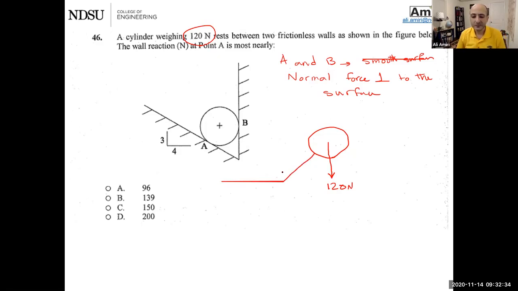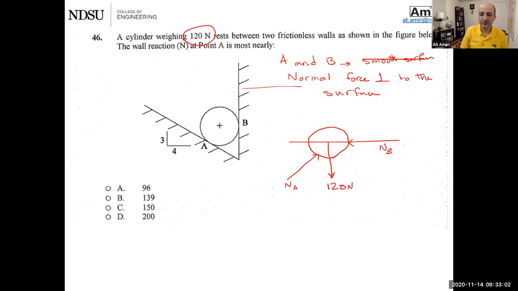Normal force, which we can call NA, and another normal force at B. Sorry, my pen is acting weird.